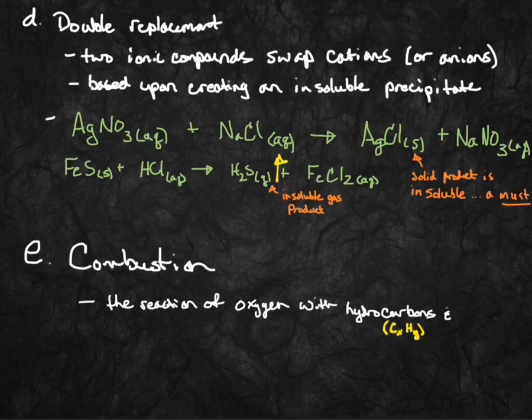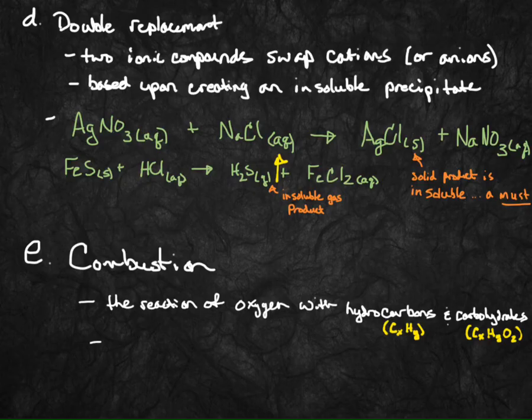Or it can react with carbohydrates, like starches or sugars, which have carbons, hydrogens, and oxygens. So we throw in there CxHyOz, because you could also have oxygens in there. And that's the general formula for a carbohydrate.